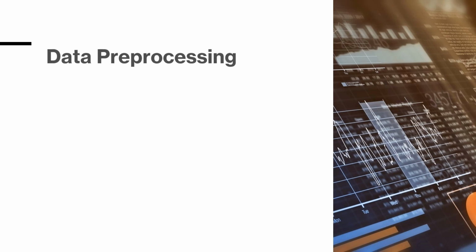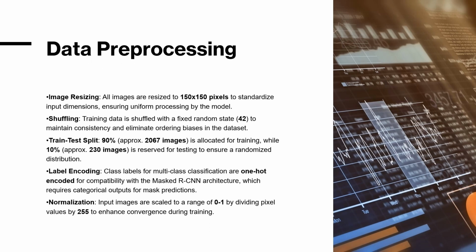For the other model, I used Mask R-CNN to train the model. For the data preprocessing task, all images were resized to 150 by 150 pixels to standardize the input dimensions. For shuffling the data, I used random state 42.